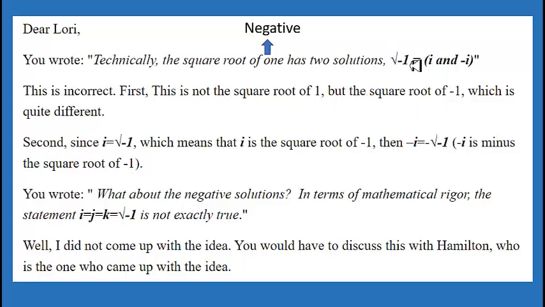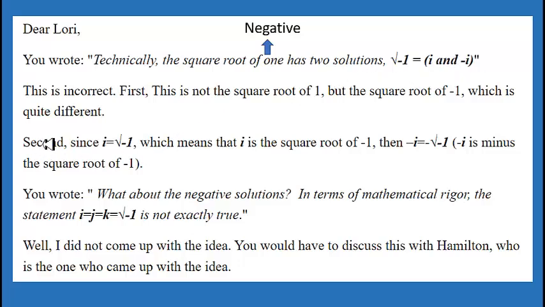Either the square root of -1 has two solutions, i and -i, where i is the identity of the imaginary numbers, or i, the identity of the imaginary numbers, is equal to the square root of -1. But the square root of all numbers has two solutions. So how can i be equal to the square root of -1 when the square root of -1 has two solutions? And so that is the problem I'm having.